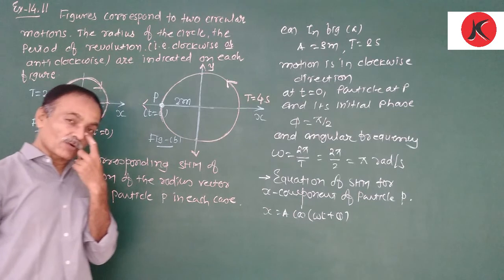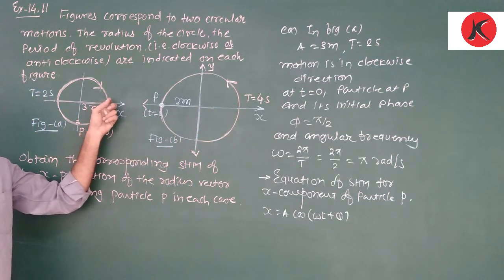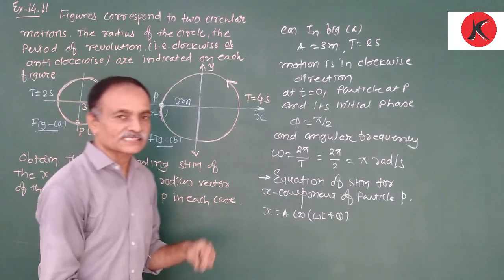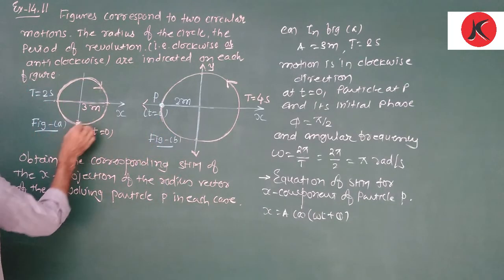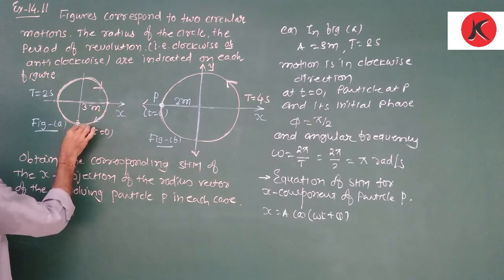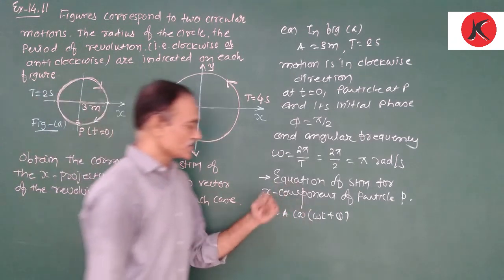Why do we take the cosine here? Because here the particle starts its motion from the extreme positive position, x is equal to a. So from this to this, initially at time t is equal to 0, the particle is here. Therefore, the initial phase is pi by 2. Therefore, we take the cosine function.